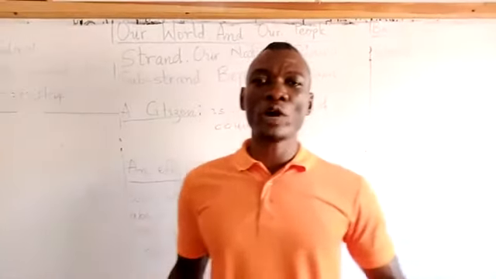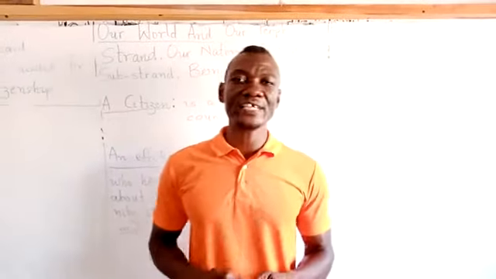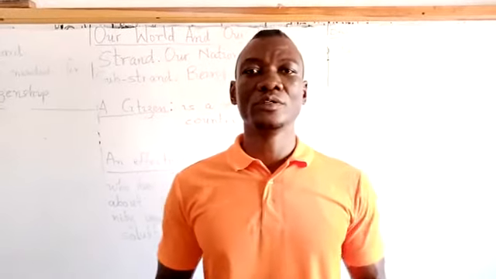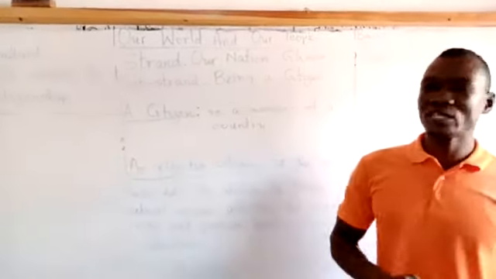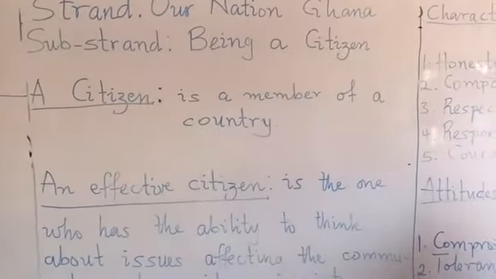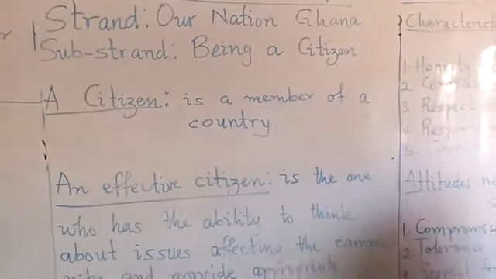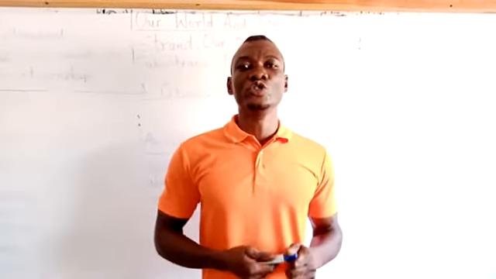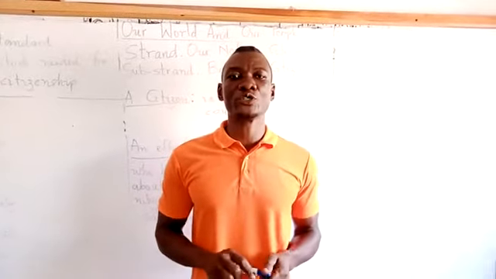In the same vein, when you belong to a nation, you are a member of that nation. Now, when you're a member of a nation, you are given the term a citizen. So as you can see from the board, a citizen is a member of a country or a nation. And so, I am sure by now you understand that you are a citizen of Ghana because you are a member of Ghana.